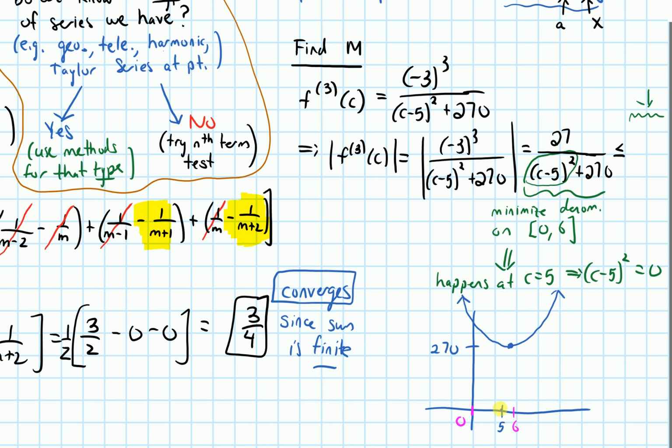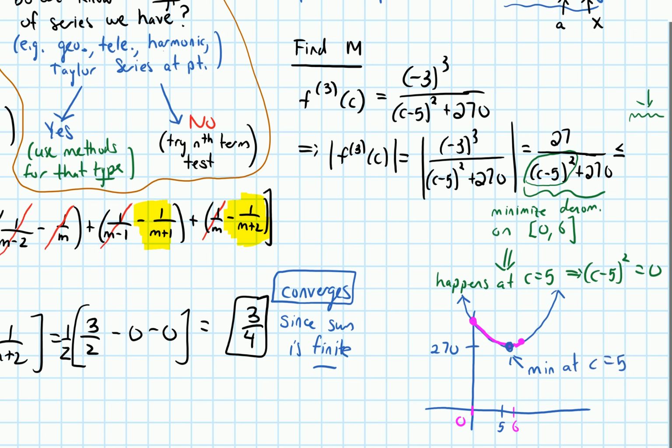So 0 is definitely a whole lot further away from that vertex point, and let's draw the y value at 6. Where 0 is, that's actually the largest this parabola gets on this interval. I'm just going to shade in the part of the parabola we care about. But the min happens here, at c equals 5.